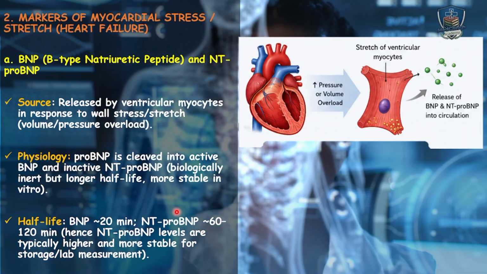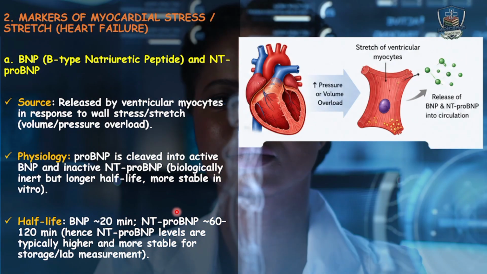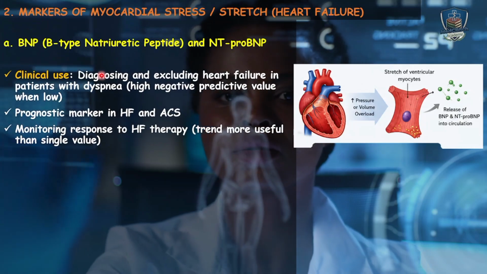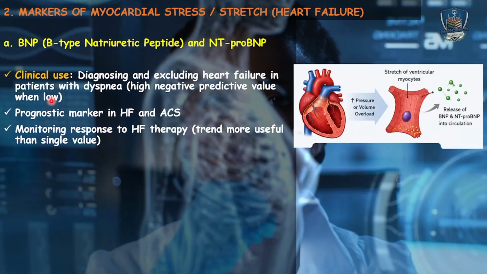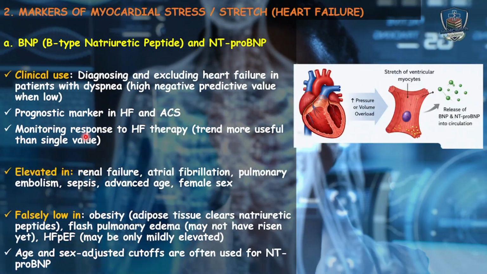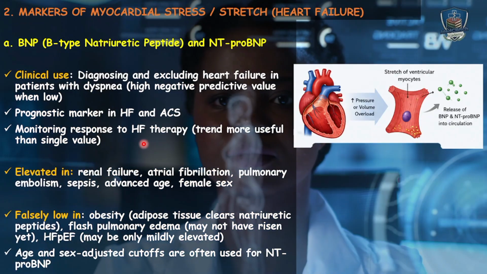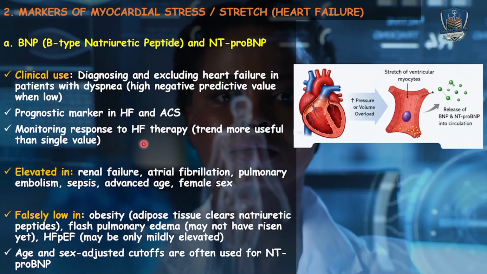Additional information on clinical use: they're used in diagnosing and excluding heart failure in patients with dyspnea, with high negative predictive value, and as a prognostic marker in heart failure and acute coronary syndromes. They're also good for monitoring response to heart failure therapy, where the trend is more useful than a single value.